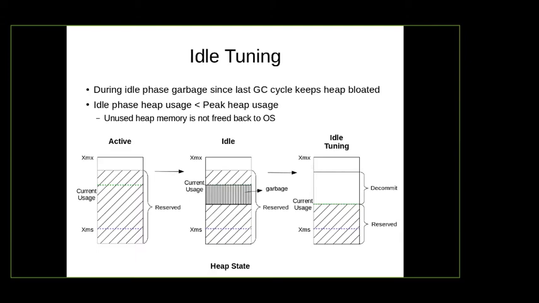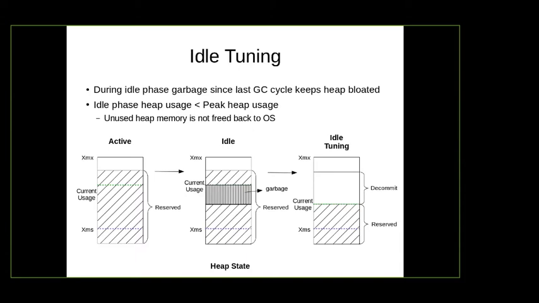They were used during the transactions earlier, but are not live anymore. So there is a certain section of the heap which has turned into garbage, but the JVM is not collecting that memory because it doesn't have any memory pressure to run a GC cycle. So that garbage sits in your heap and keeps your memory footprint bloated.